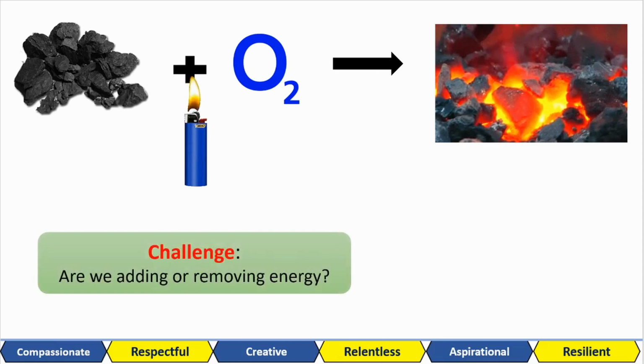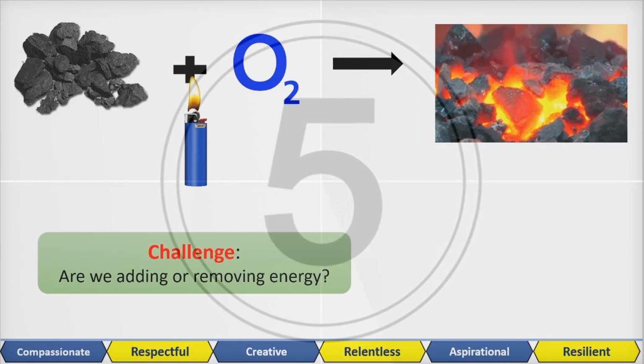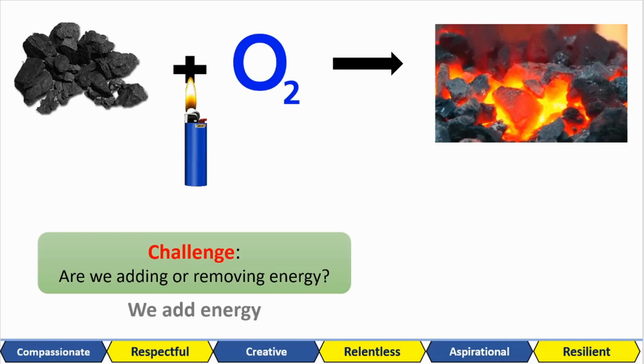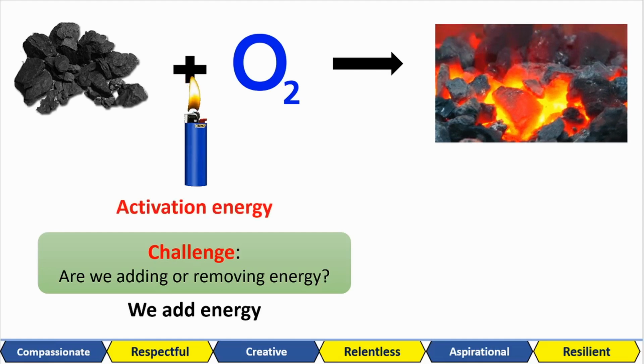Are we adding energy to the reaction or are we taking away energy from this reaction? We are adding energy to this reaction. This energy that we add to activate the reaction, oddly enough, is called the activation energy.